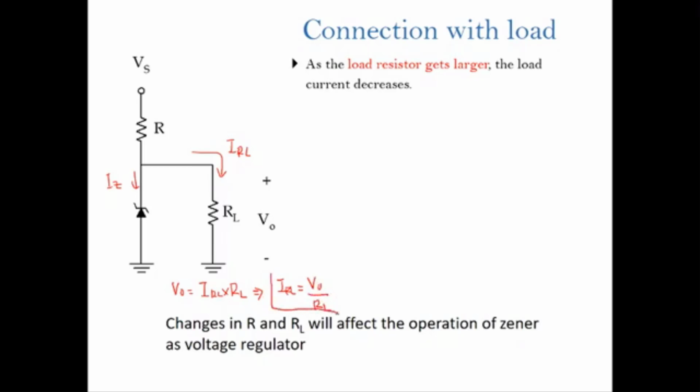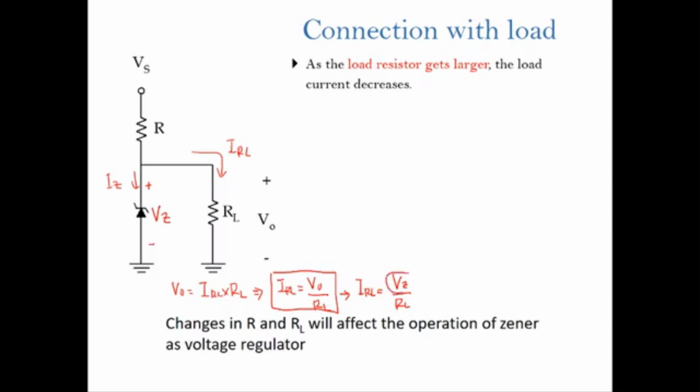Here V out is in parallel with the VZ. So in a parallel circuit, the voltage is the same. So lastly, you should get IRL equal to VZ over RL.